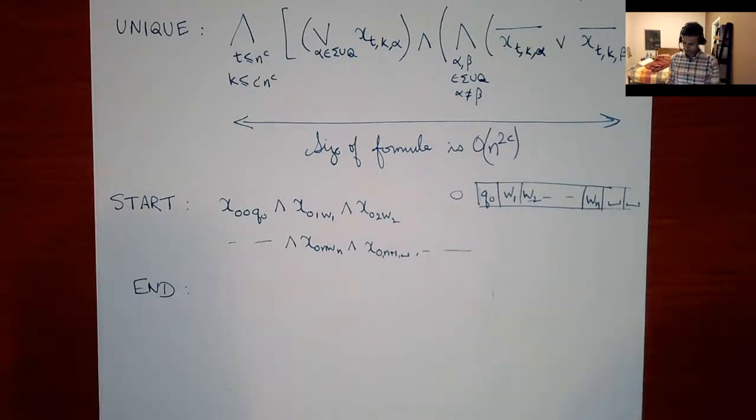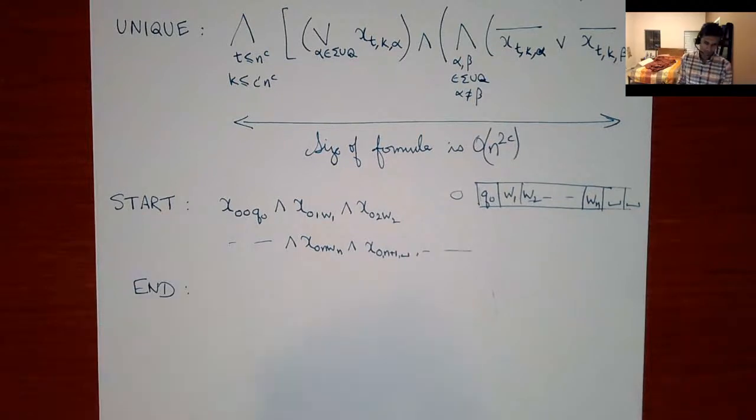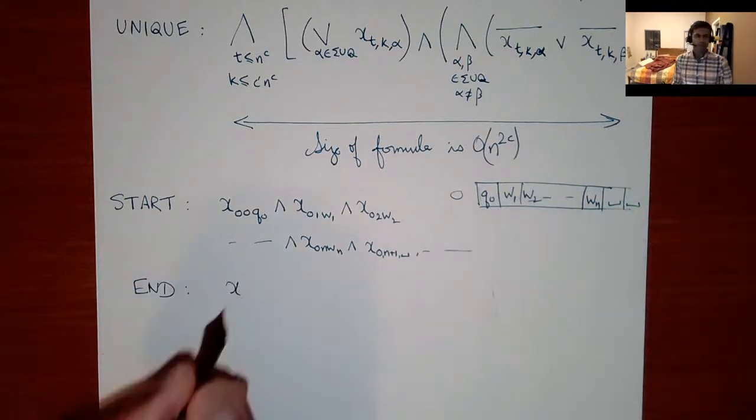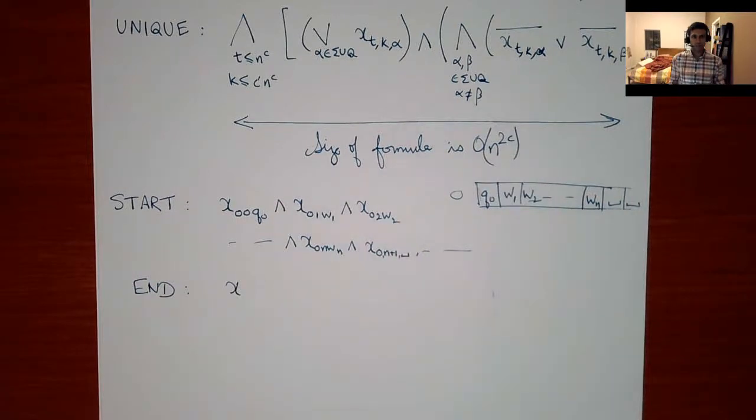The ending configuration, now what that is going to say is simply that x, and by the way, we can assume that if you reach the accepting state, then nothing changes, the configuration stays the same.